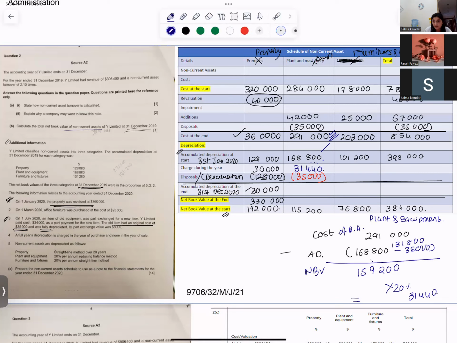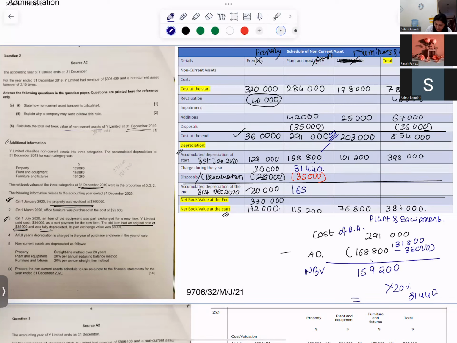So what is the total accumulated depreciation on the last date? 168,800 plus 31,440 minus the depreciation of the asset disposed.